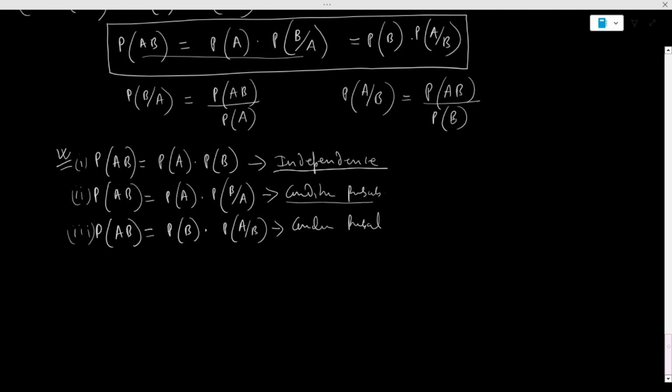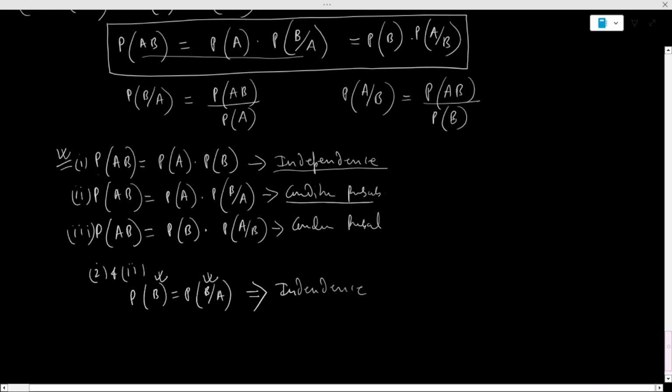If we compare the first and second relationships, we see that probability of AB and probability of A are common. So we must get that probability of B should be equal to probability of B conditioned on A. So if the unconditional probability equals the conditional probability, then this is some indication of independence.